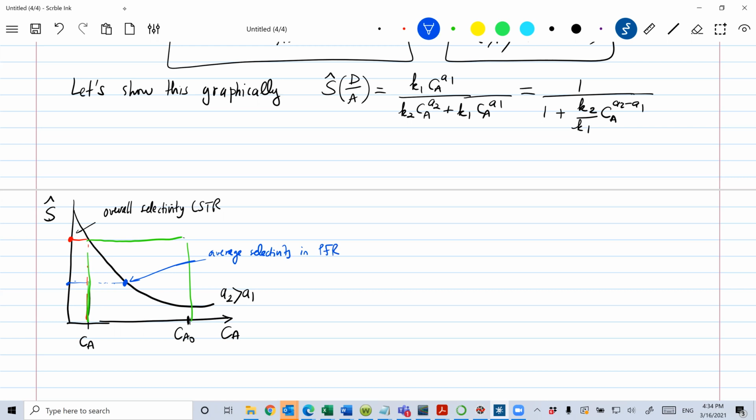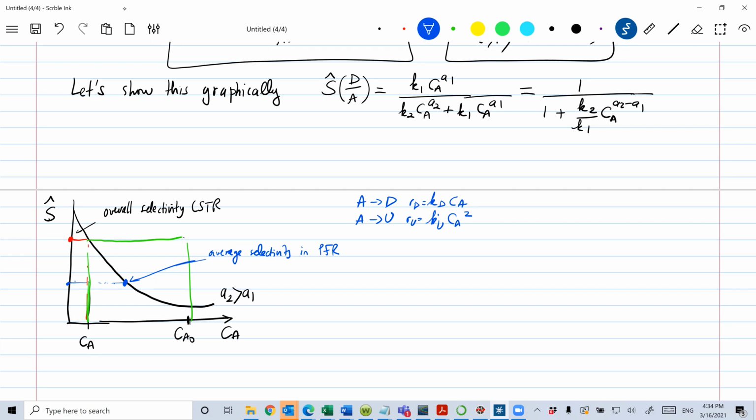Now, if you go back to what we talked about before, what we're saying here is that A2 is larger than A1. So what this is effectively saying is that if you have A goes to D and A goes to U, and this rate is KD CA, and this rate is KU CA squared, that tells you, we talked about this before, this is RU.